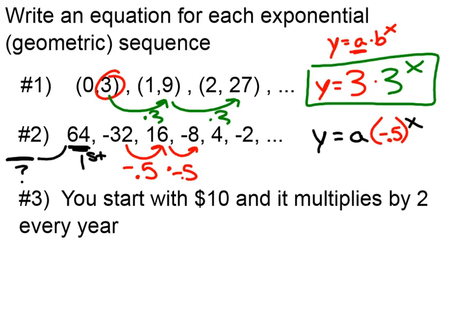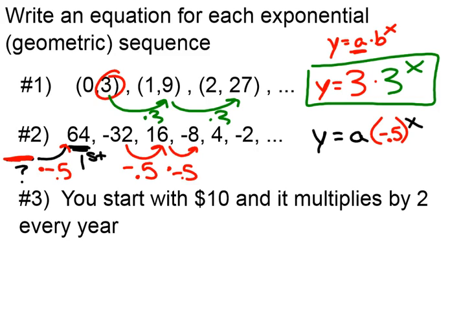And then we need to figure out what our a is. Our a is our 0th term, way back here. So what number would this have to be so that when you multiply by negative 0.5, you get 64? I guess what I would do is, what's the opposite of multiplying by a half?